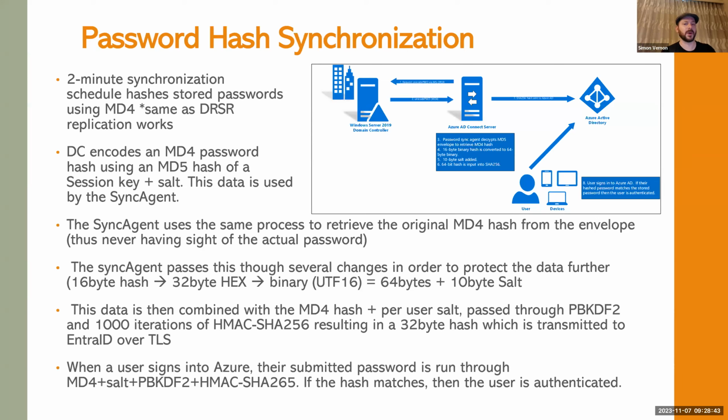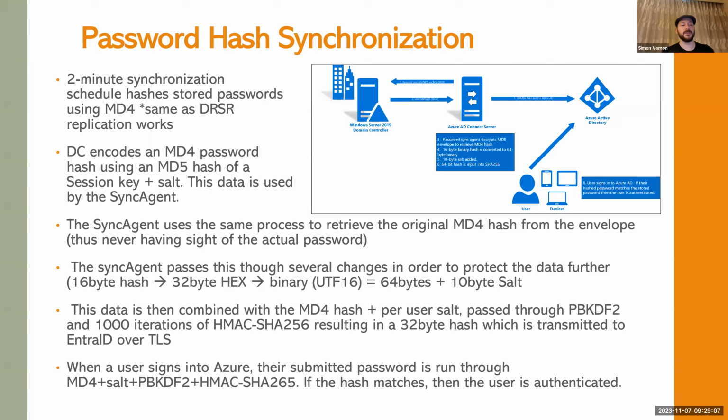Why does it do it this way? Well, the agent doesn't actually get to see the password. It only gets to see the hash of the password before it adds some additional data to it. The sync agent then uses that data, reverses the process to retrieve the original MD4 hash from the envelope, therefore never actually having sight of the password. It only ever sees the hash of it.